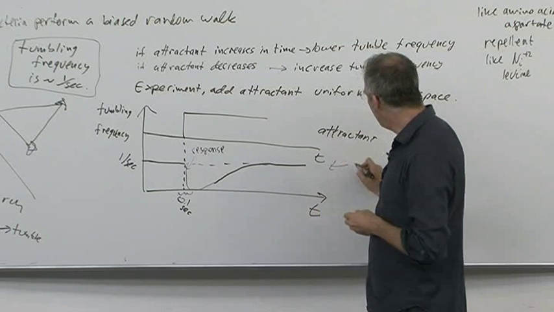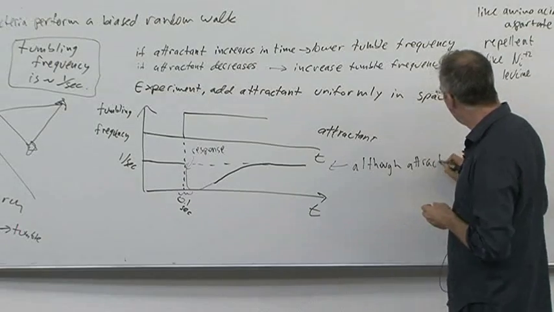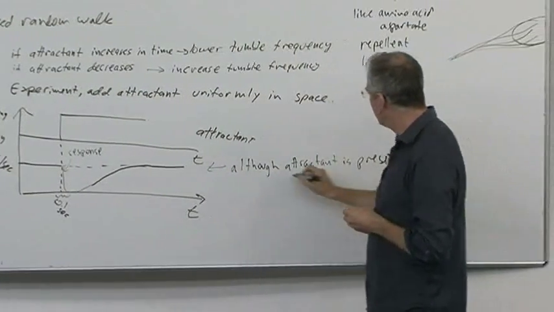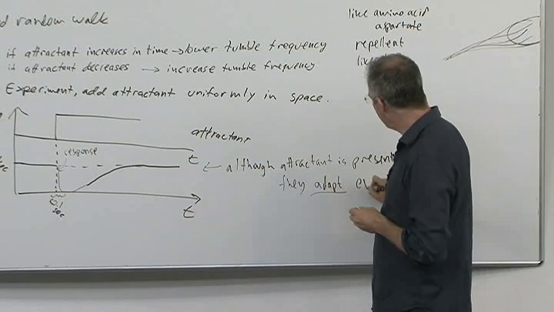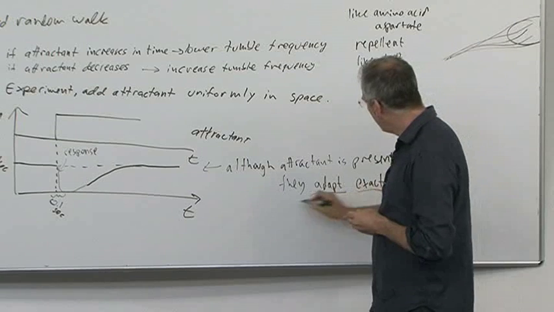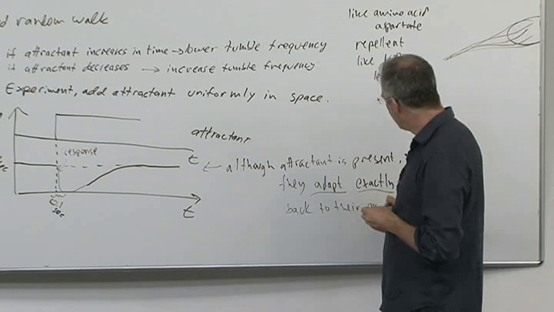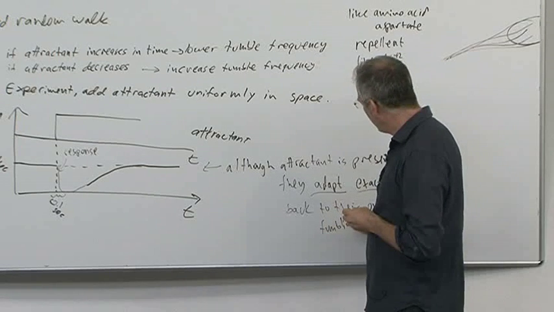So, although attractant is present, they adapt exactly back to their original tumbling frequency.